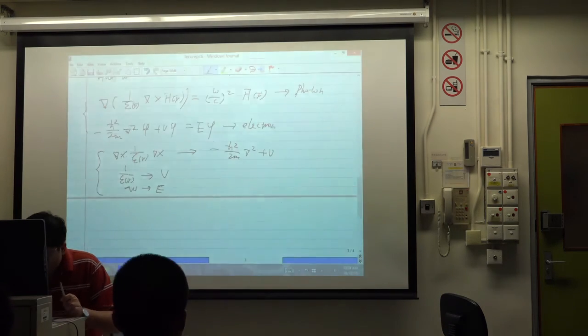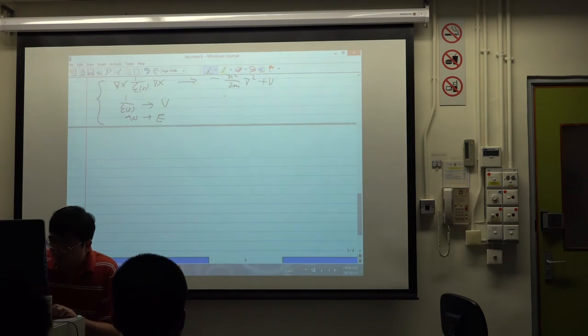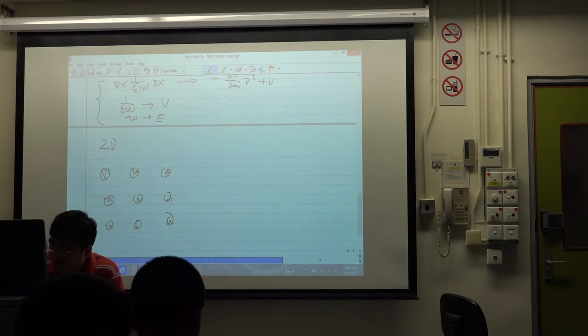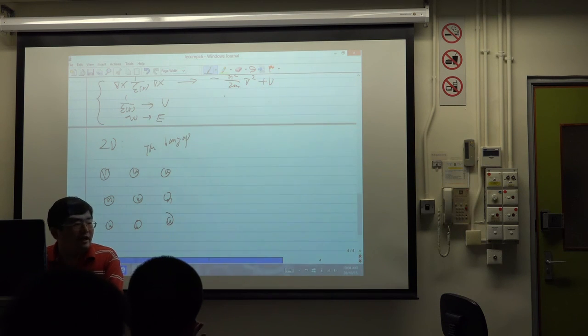FCC. So everyone knows that for a 2D photonic crystal, I just show, they have a TM band gap, right? Because it's a column in here, they have a TM band gap.